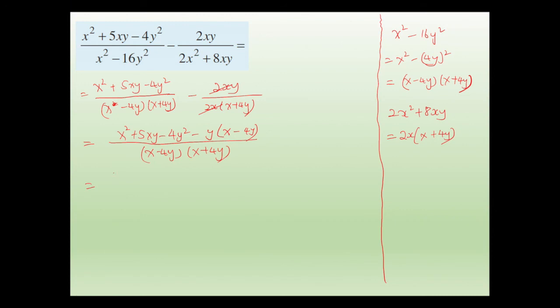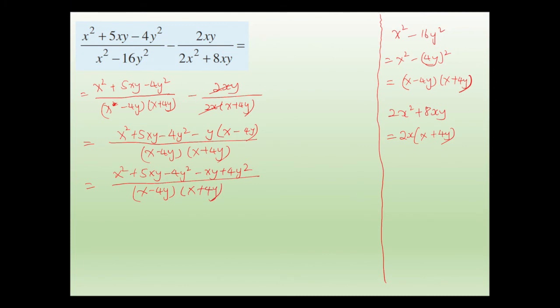Alright, so therefore the numerator now becomes x squared plus 5xy minus 4y squared minus xy plus 4y squared, divided by (x minus 4y)(x plus 4y).